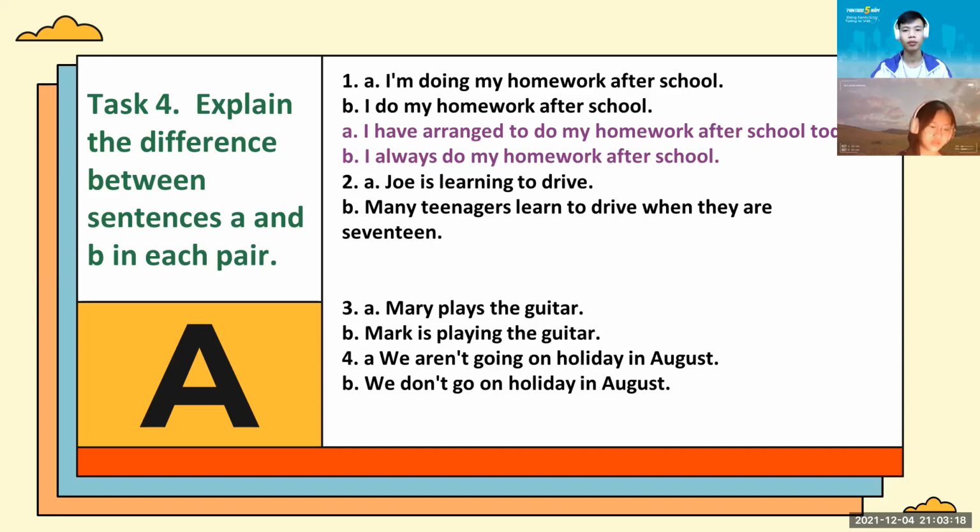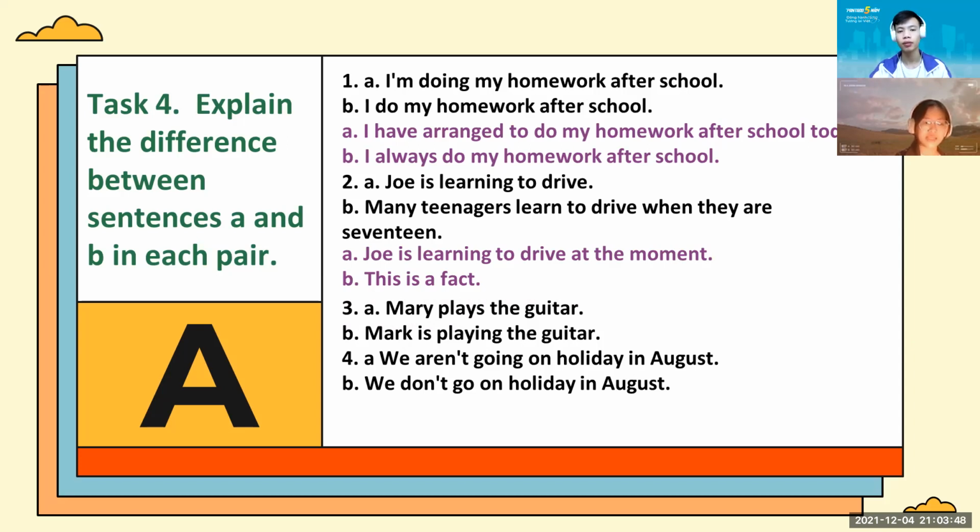Number two A is we use the present continuous for something that is happening at this moment. And number two B is we use present simple for a fact. Number two, A is at the moment, and B is a fact, right? Now, number three.